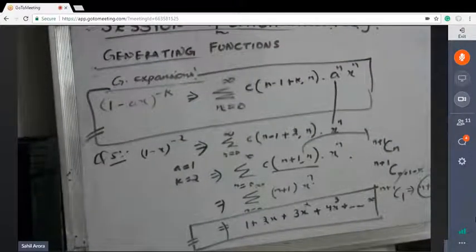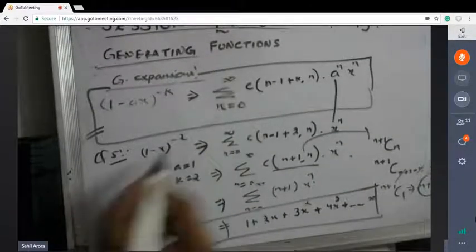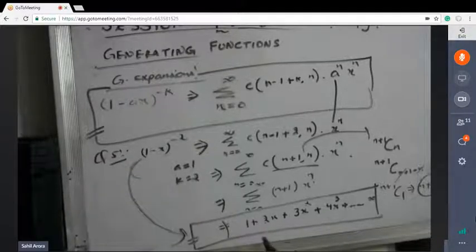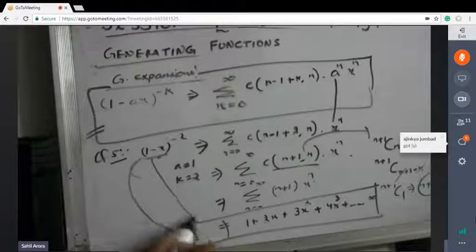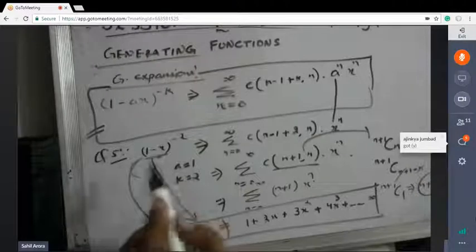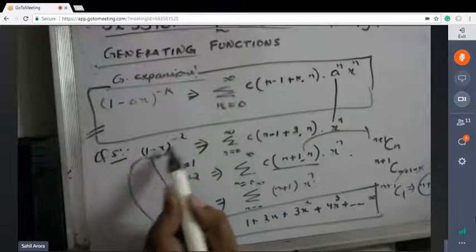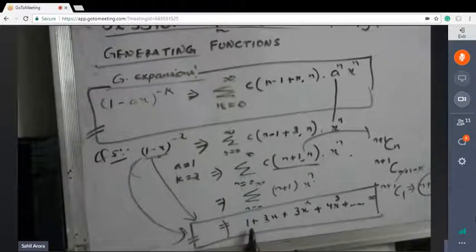Right? So one thing you can remember from this is that (1 minus x) whole power minus k expansion gives this thing, which is 1 plus 2x plus 3x squared, and so on up to infinite. How I directly write it is very simple. We just need to remember (1 minus x) whole power minus 2. Write 1 as it is.